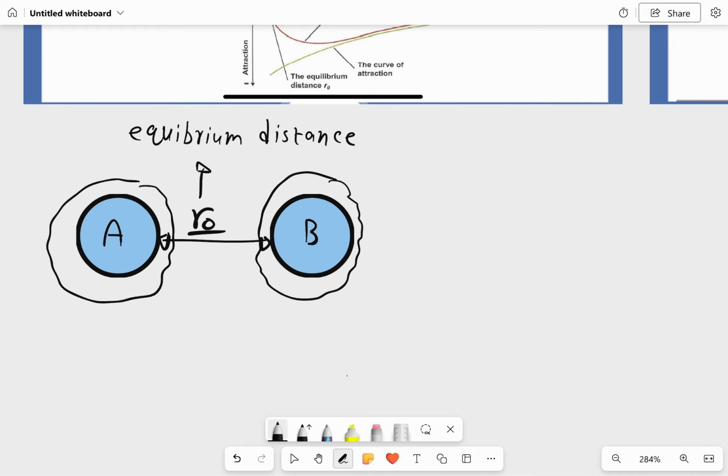The real distance between the two atoms is called R. This is the distance between the two atoms.